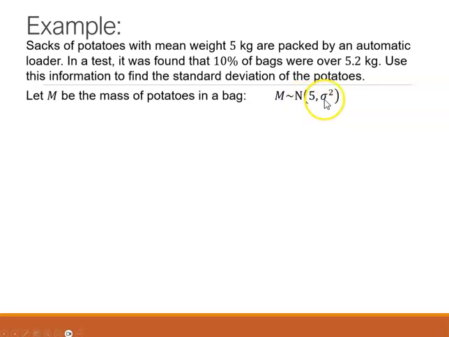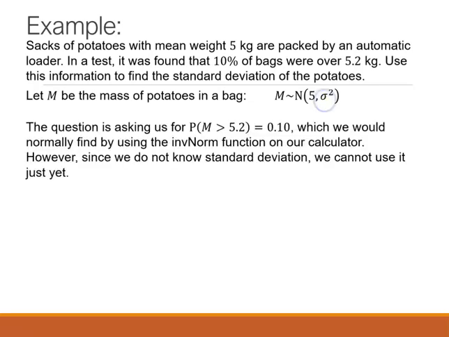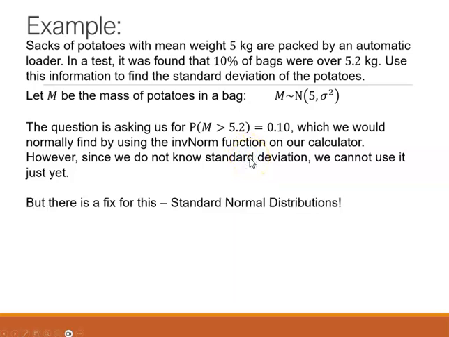I know their mean is 5, but I don't know the standard deviation. So what I'm asking for is, okay, I know that the probability that M is greater than 5.2 is 0.1. And I could use my inverse norm on our calculator to get that, but not without the standard deviation. So what do?